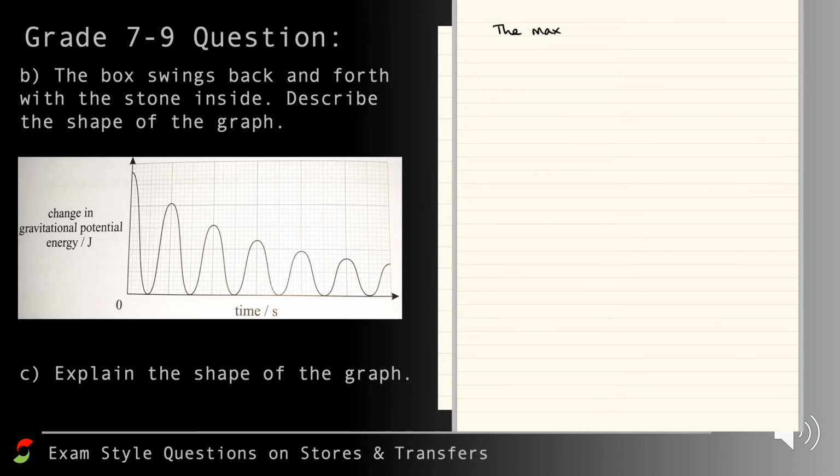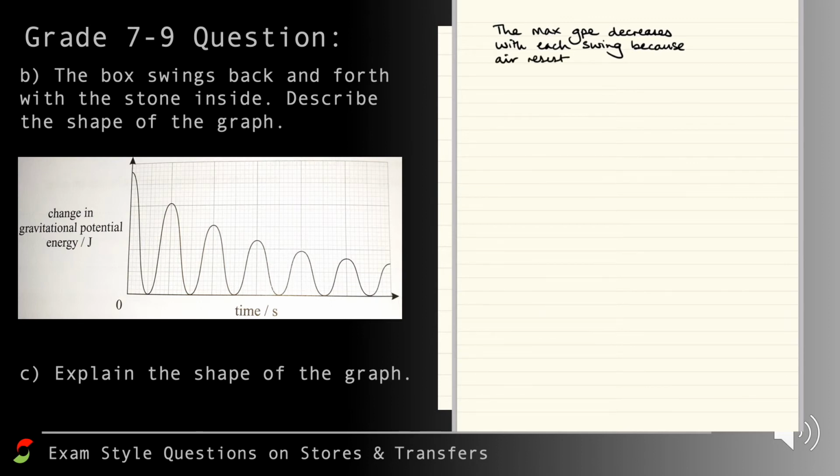Well, one of the first things to realise is that we're dealing with the GPE decreasing. And we've got to realise that conservation of energy says that can't just happen. If something's decreasing, then something else is going to get bigger.